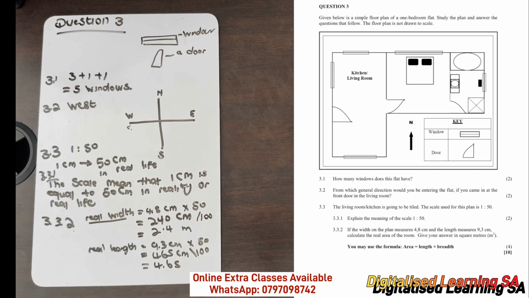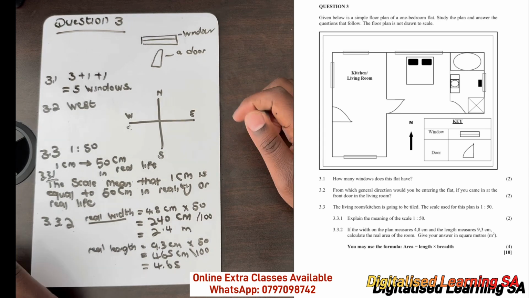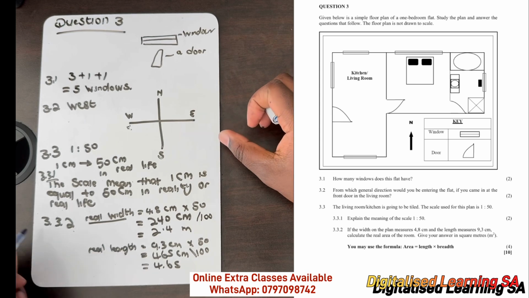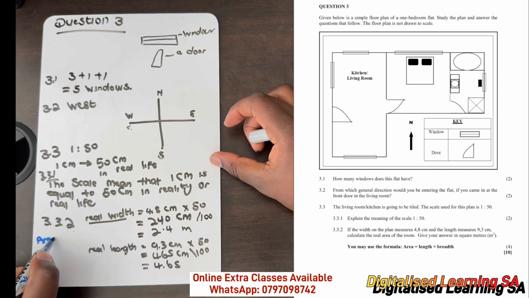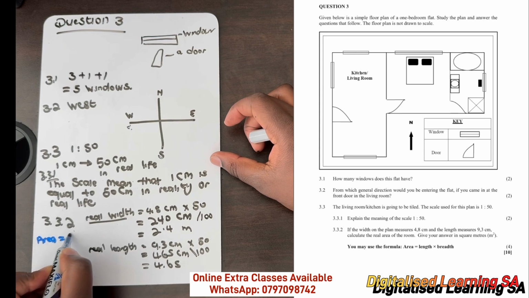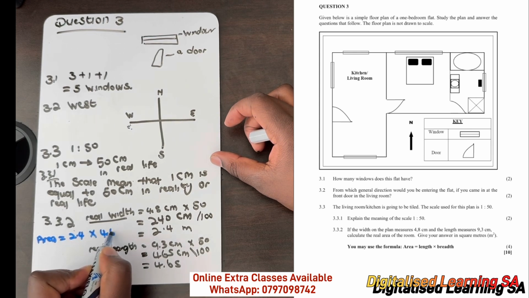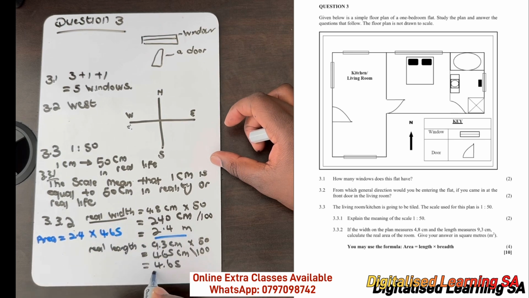And now we need to calculate the area. The formula of the area is length multiplied by breadth. Breadth and width are one and the same thing, so they can be used interchangeably. So our area will be 2.4 multiplied by 4.65.